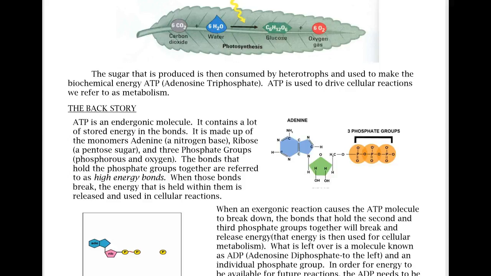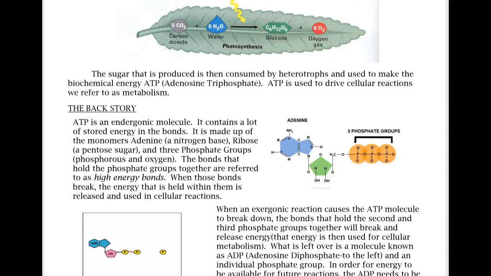ATP is adenosine triphosphate, and ATP is the chemical fuel that is used to drive the cellular reactions of metabolism. Just like we put gasoline in our cars to run them, or plug in our cell phones to charge them, we need an energy source, and that energy source is going to be ATP, and we get that energy by using the chemical molecule glucose.